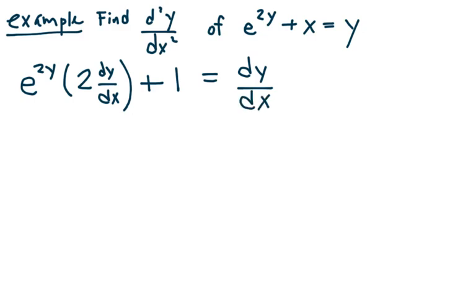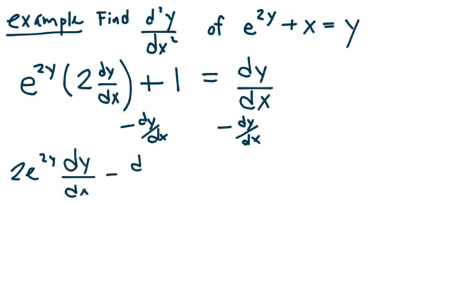Okay, so now we want to again gather all the terms with the dy dx so that we can ultimately solve for dy dx. So I'm going to subtract dy dx from each side, and I'm going to subtract 1. And that's going to give me 2e to the 2y dy dx minus dy dx is equal to minus 1.